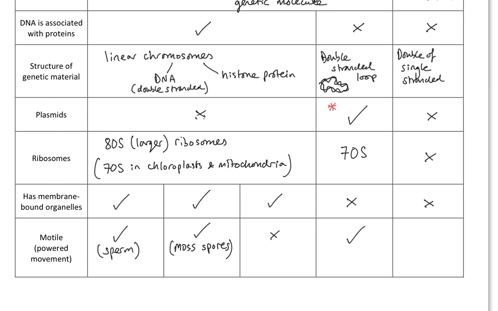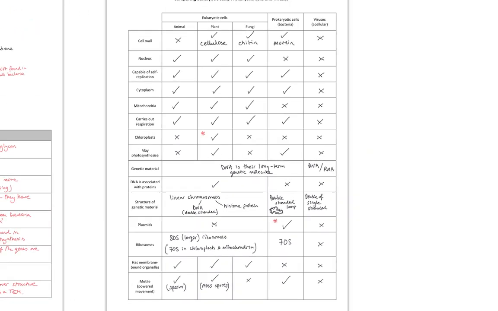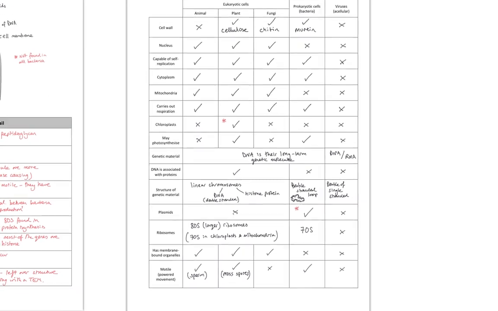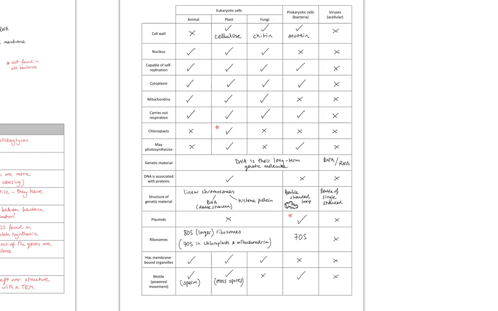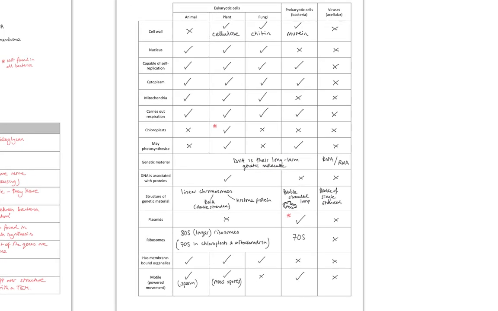Some bacteria do, and viruses are non-motile. They don't have powered movement because they can't do respiration, so they can't power anything. They haven't got any way of transferring energy to do any powered movement. So that's that filled in, and just look at that sea of crosses for the virus. They just don't do anything. They have nothing. Hence, when we learn about viruses, it'll be interesting to see what do they have and what can they do.